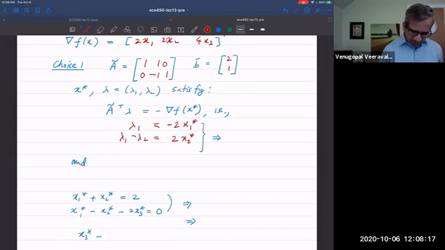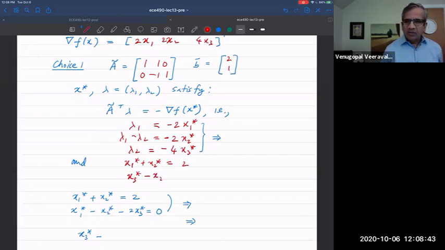And then the last equation will be lambda 2 equals minus 4x3 star. And in addition to that, we have the constraint equations x1 star plus x2 star equals 2, and x3 star minus x2 star equals 1.